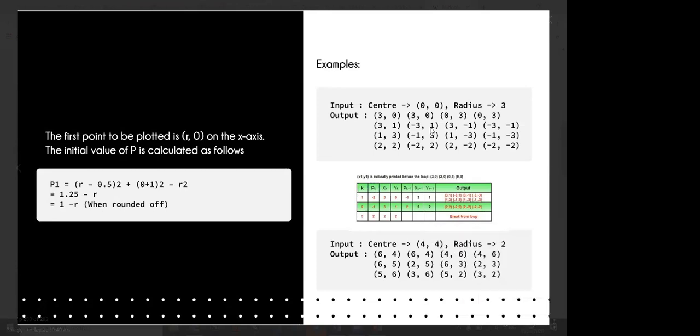So, let's say, what we're going to put in: the radius is going to be 3, and the center from point 0 to point 0, so we don't give other numbers. The output is going to be something like below the code. If we give from the center less than or equal, it's going to give us a bit curvy shape, but it's not going to complete the circle itself.